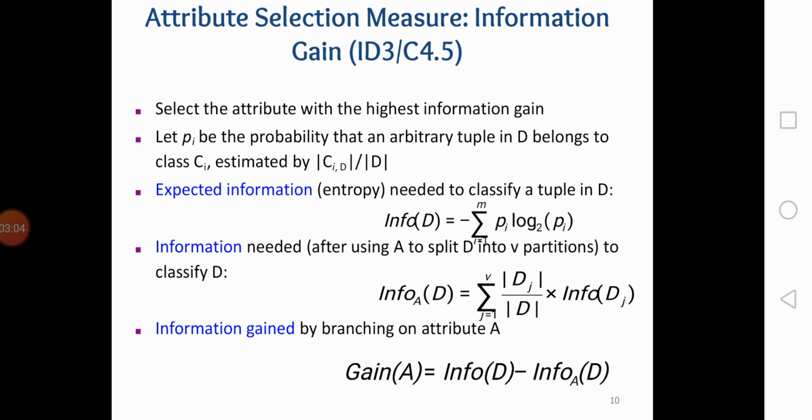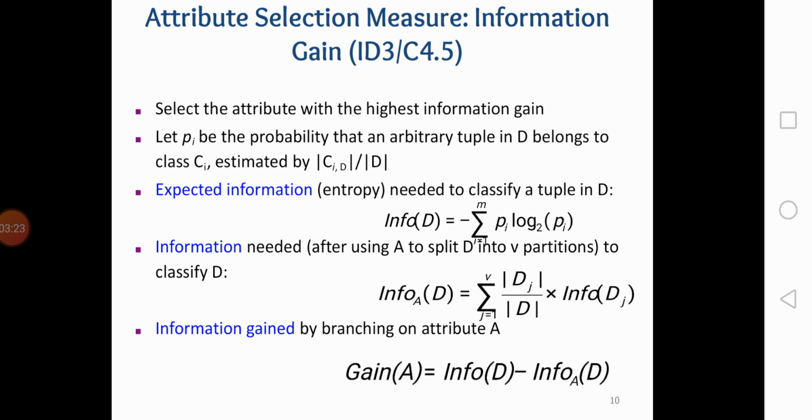Here m is the number of distinct classes. Pi is the probability that an arbitrary tuple in D belongs to class Ci, where Pi equals |Ci,D| divided by |D|.